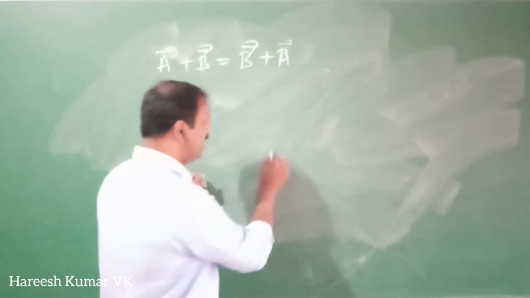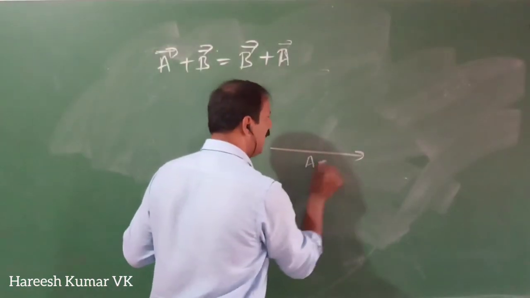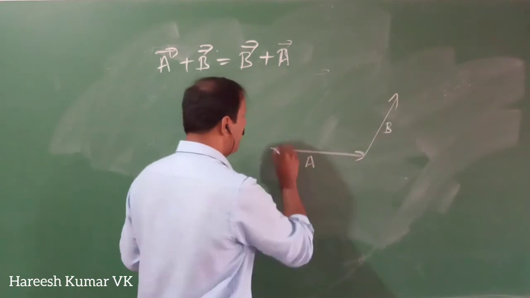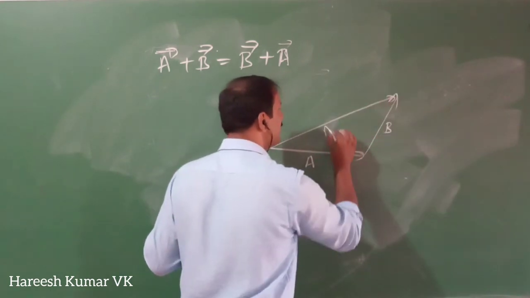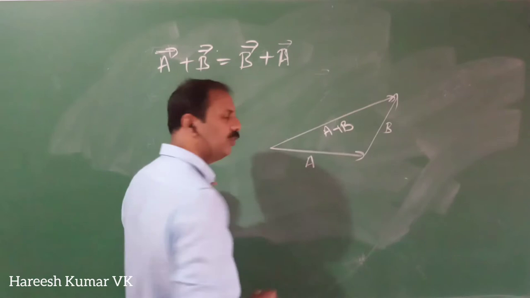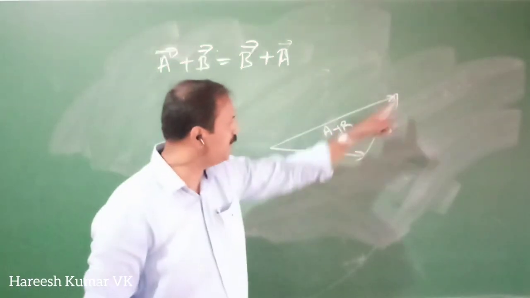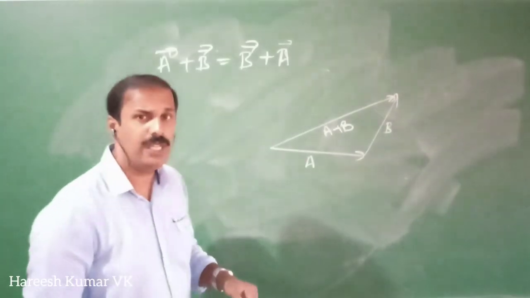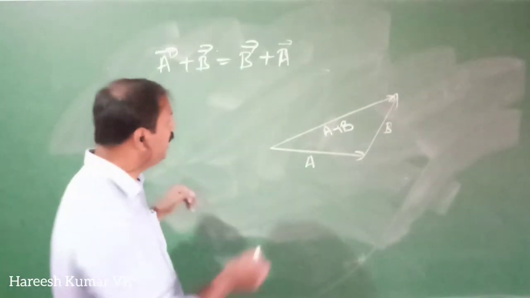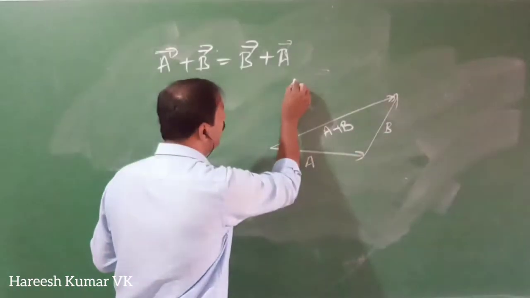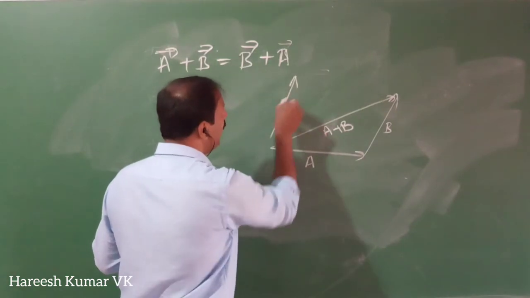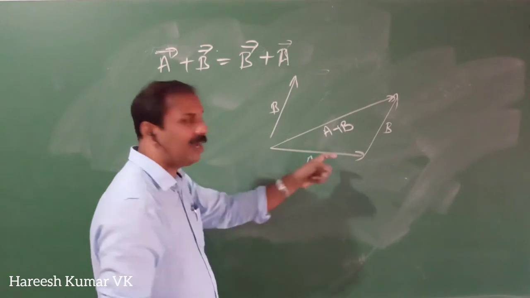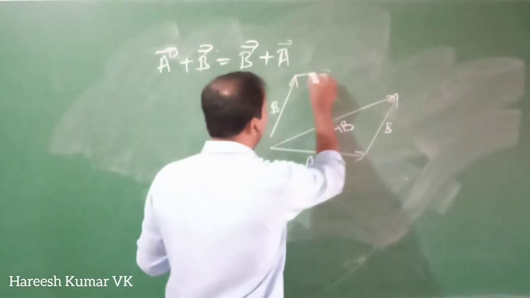For example, this is A and this is B. So A plus B will be this one. We can show it like this: if this is A, this is B, this is A plus B. Now what is B plus A? B plus A means first we have to take B. I am taking the same B here, and then adding A. That is, the tail of A should come on the head of B. So it will be like this.